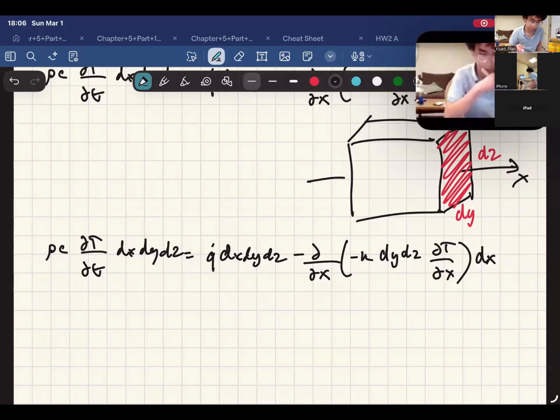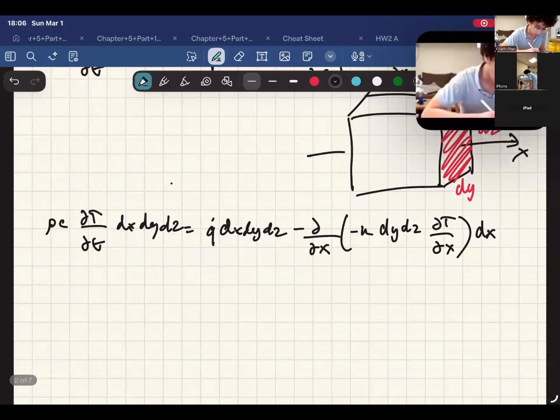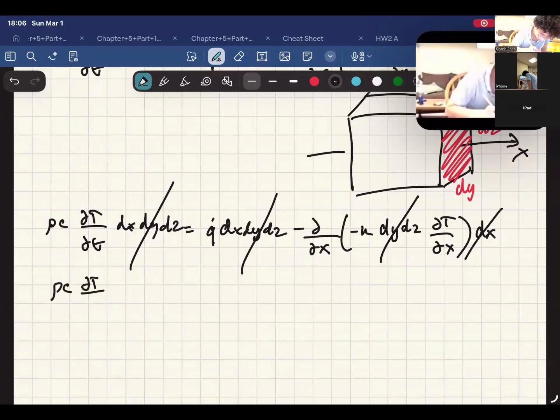Sorry about that. We're gonna cross out the volume. Now we have a new equation. Also, we can just do this: d squared T over dx squared times k, plus q.